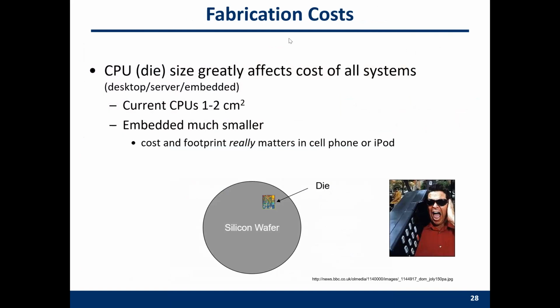So the CPU chip size matters a lot. People favor a smaller chip size. Why? Because they need to fabricate the chip. And the system size is the same, so a smaller CPU size means at the same time, in the same area, you can have more CPUs.